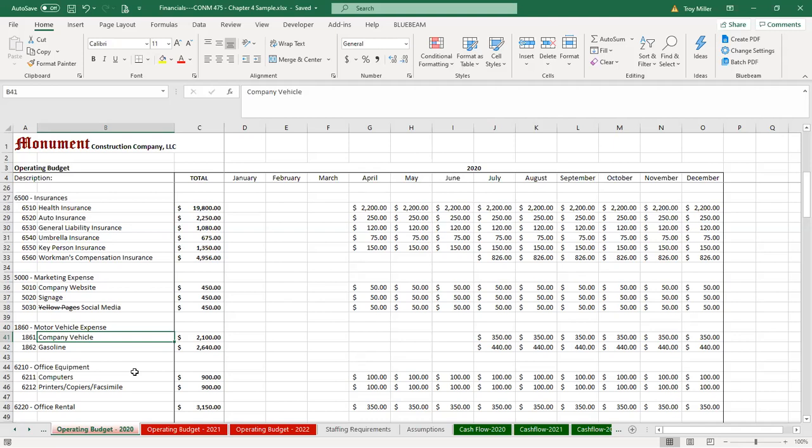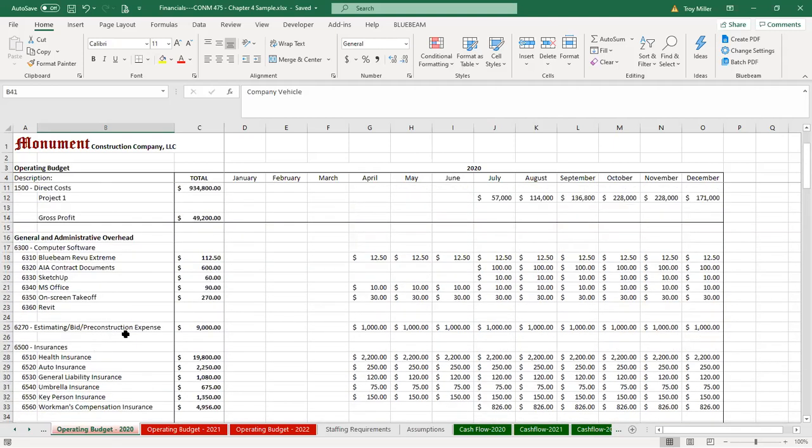I will also have other vehicles, let's say for my job site superintendent, and that vehicle will be billed directly to the job. So, going to your point, yes, the numbering seems a little bit off. I chose to move that 1860 under my general and administrative, recognizing that this vehicle is strictly here at my home office. Gotcha, that makes sense.